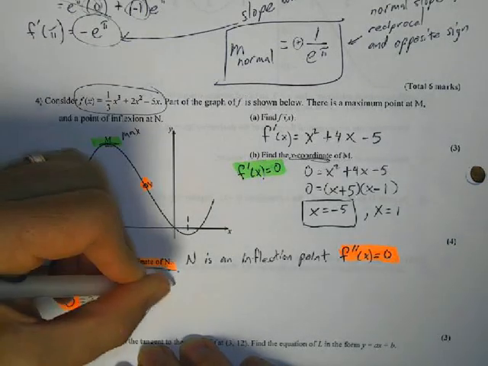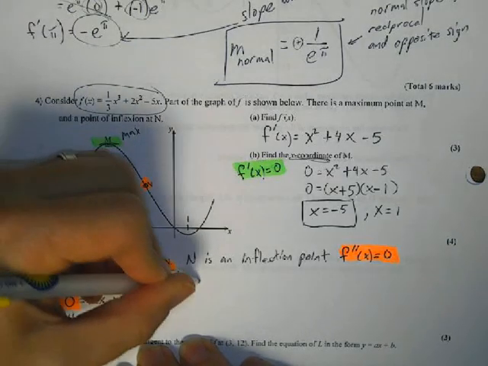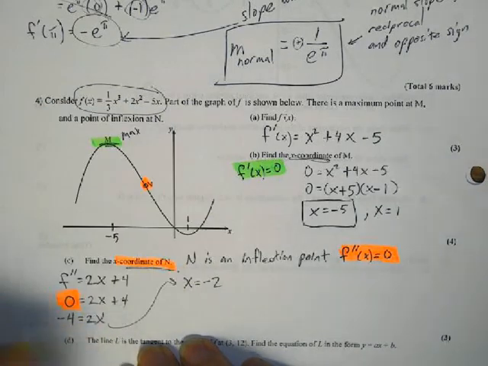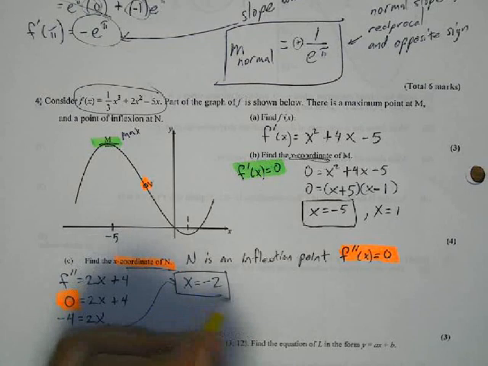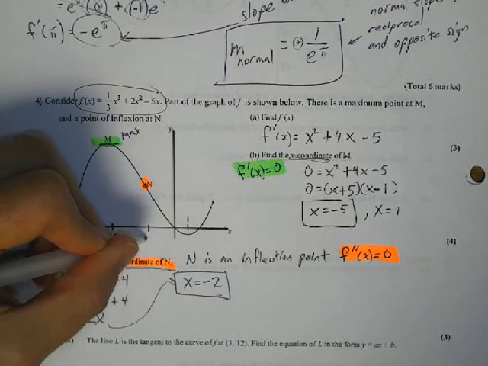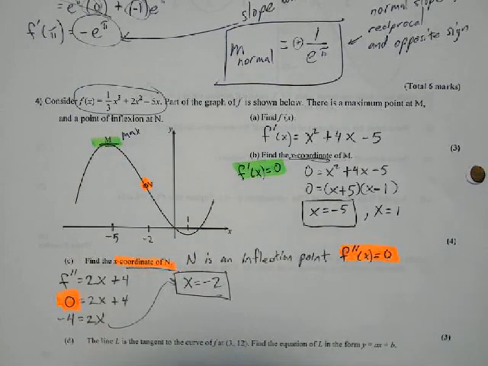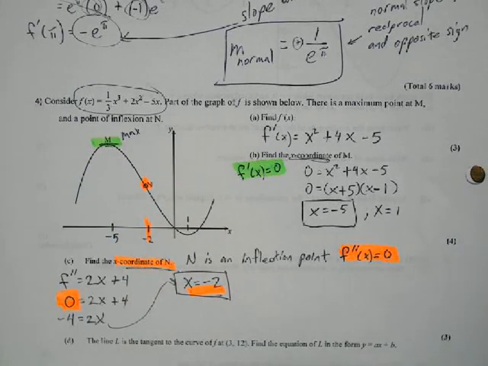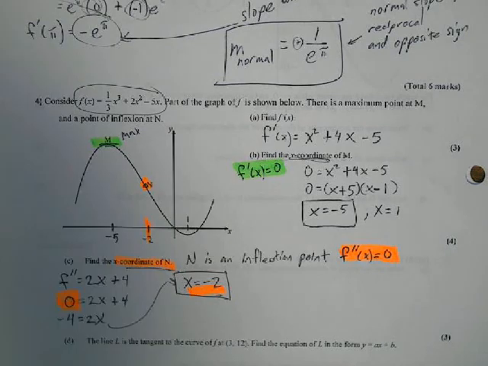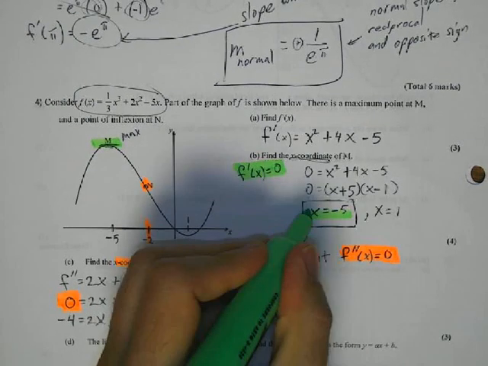And then I get x equals -2 if I divide both sides by 2. So that is the x-coordinate here at -2. Okay. Let's highlight that green.